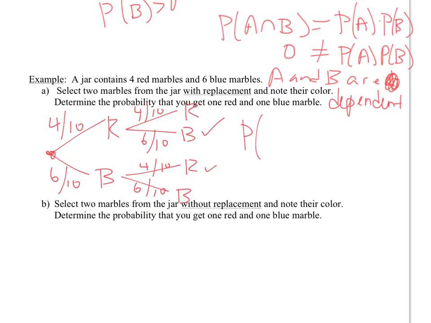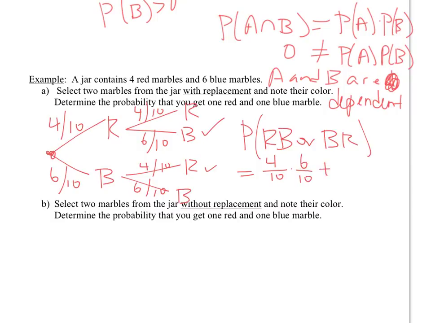So this probability of RB or BR, you're going to start training yourself that when you're doing OR problems you add, while when you're doing AND problems you multiply. So the symbol RB, red and blue, I take the probabilities of 4/10 and 6/10 and multiply them together.